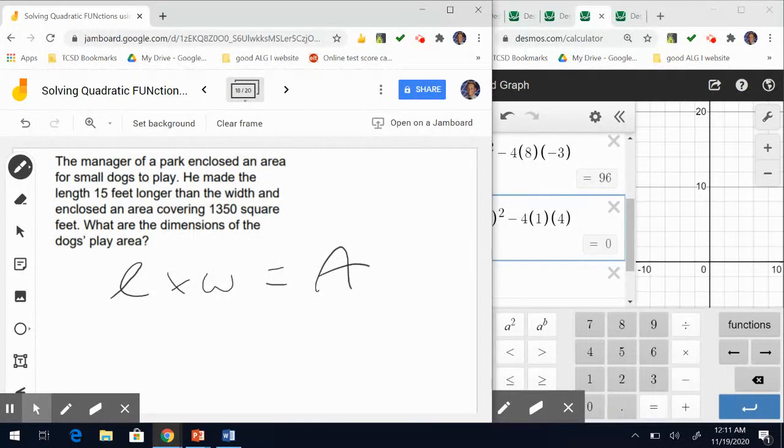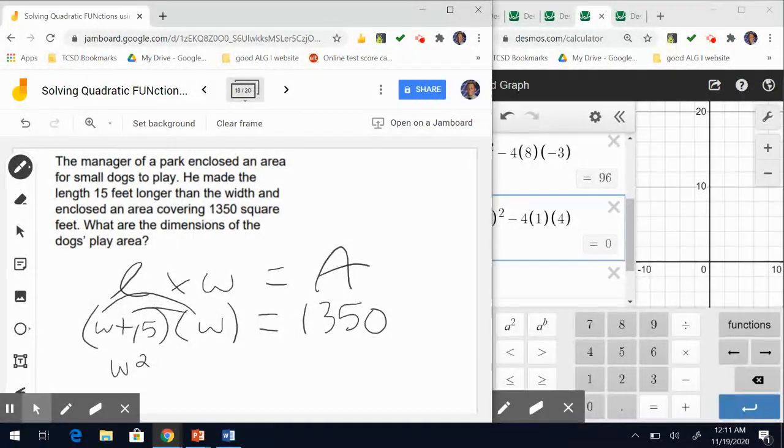We know that he made the length 15 feet longer than the width. The width is just going to be W, and we know that this is going to be 1350. So now if I just distribute, I get W squared, because W times W is W squared.